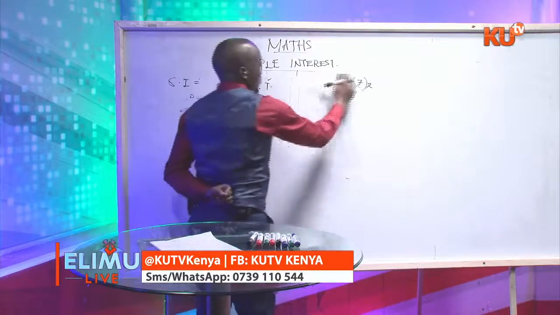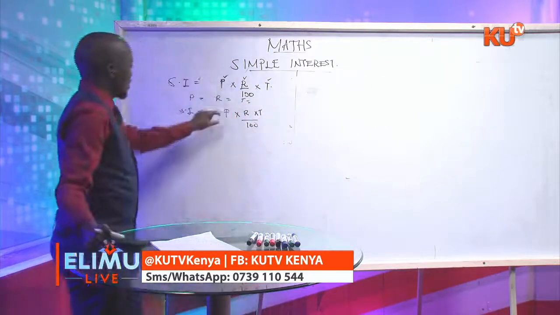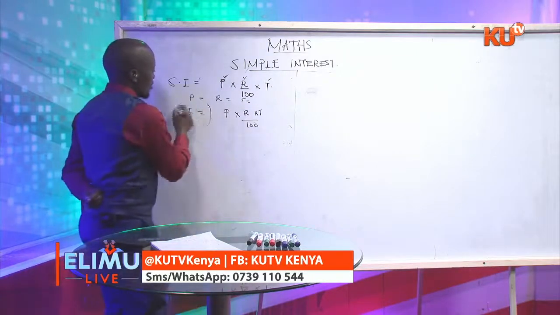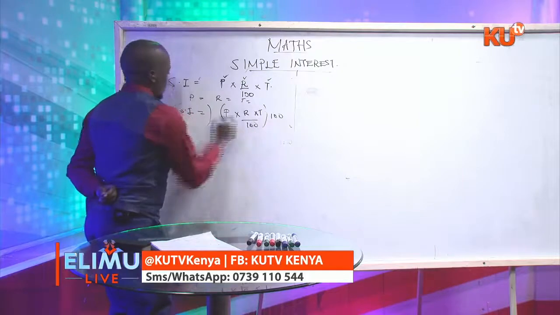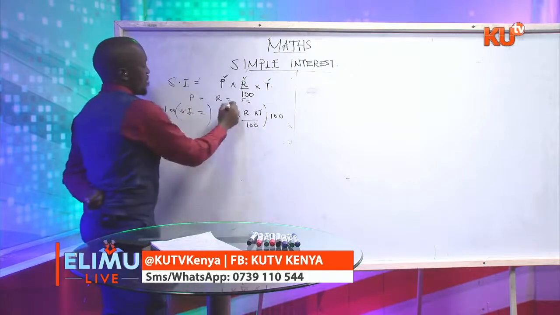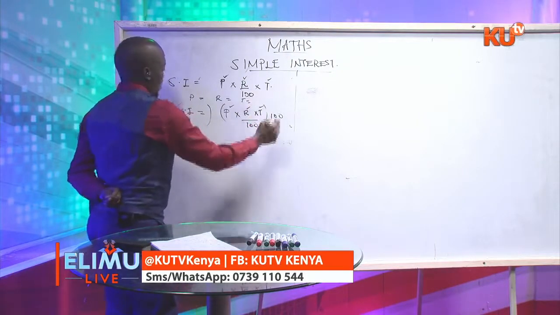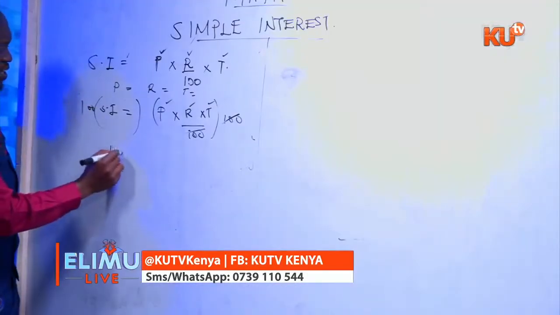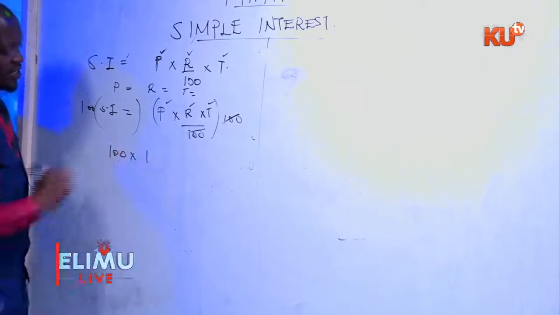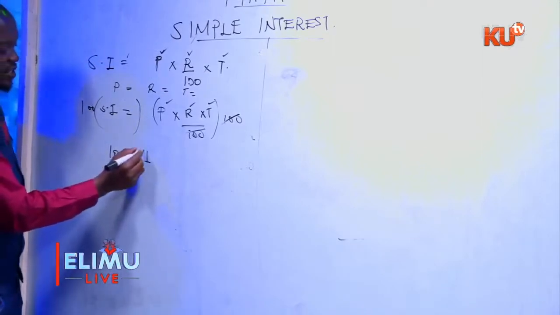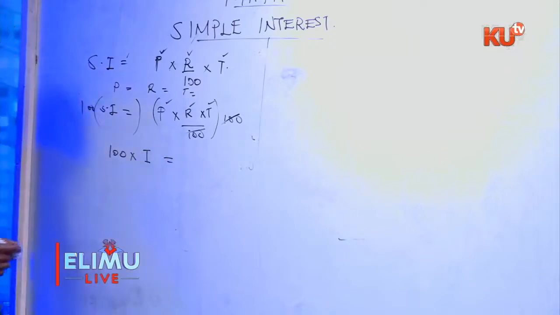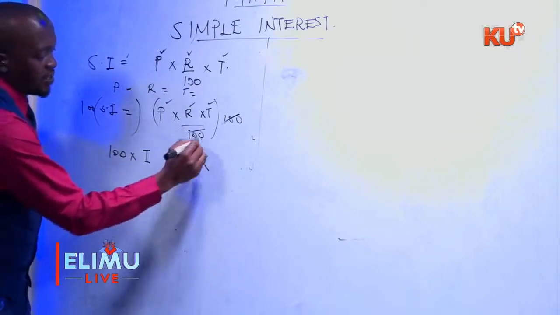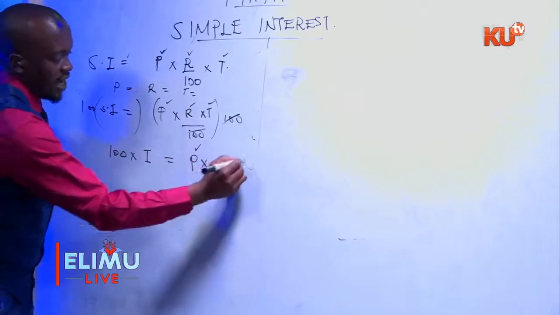This information is very key in getting formula for other items here. So we can multiply both sides by 100 to know the formula for principal, for rate, and for time. So this one will cancel this one. So this side we shall have 100 times interest. I just call it interest, not simple interest now, is equal to P times R times time, principal times rate times time.